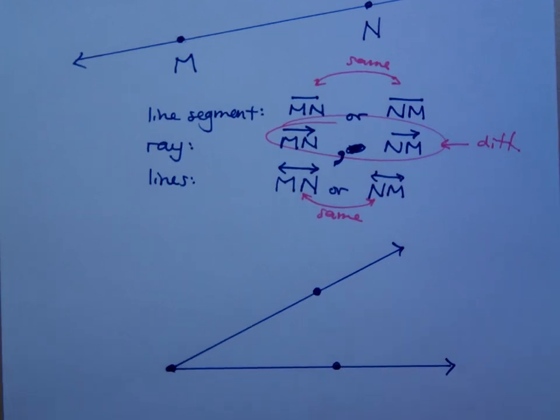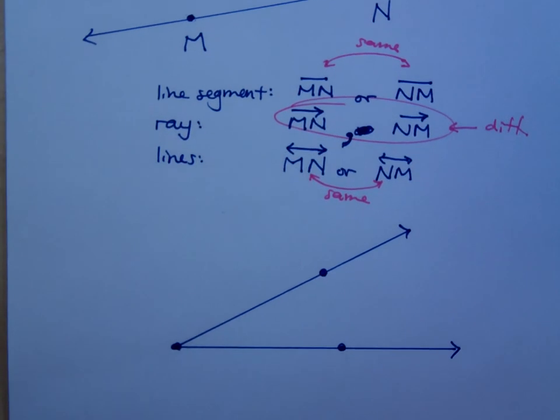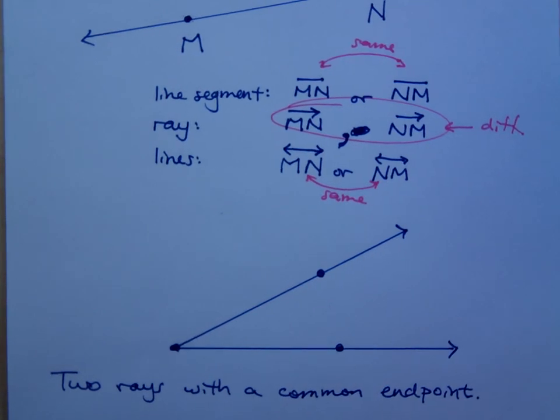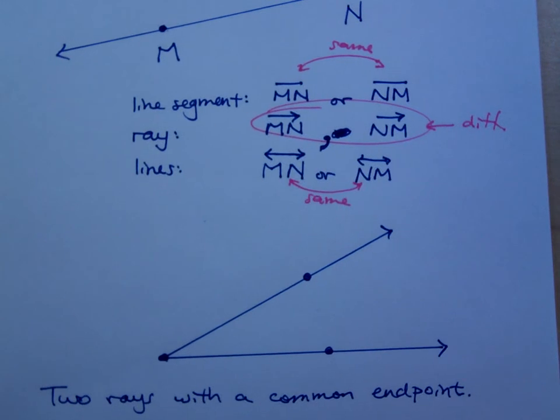I've created an angle. Now, the way that an angle is defined is by two rays with a common endpoint. Two rays with a common endpoint.